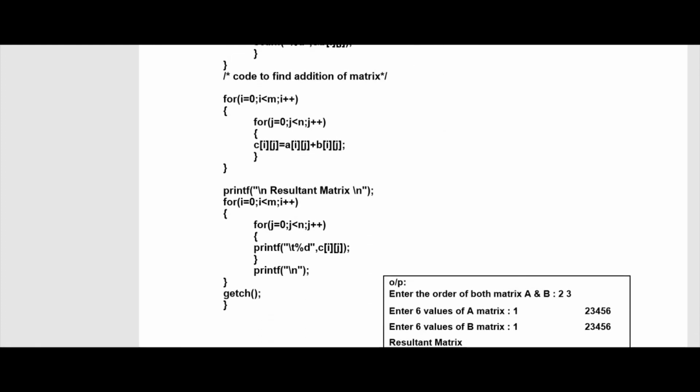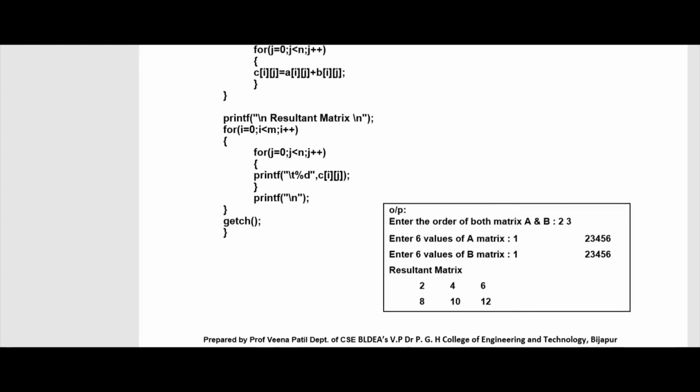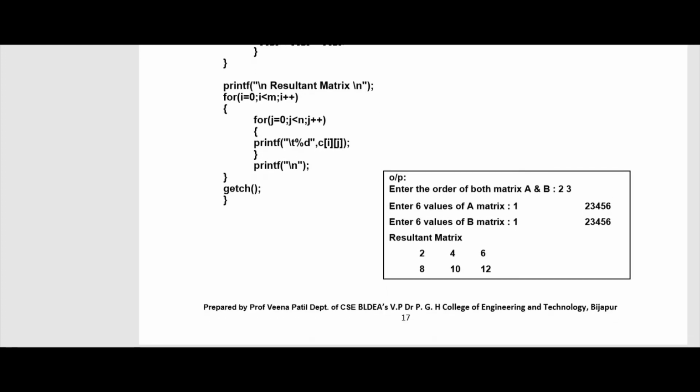To print the result, we are going to write printf result matrix, for i is equal to 0, i less than m, i plus plus, and the inner for loop will have for j is equal to 0, j less than n, j plus plus. So we are going to print here the content of c, right?